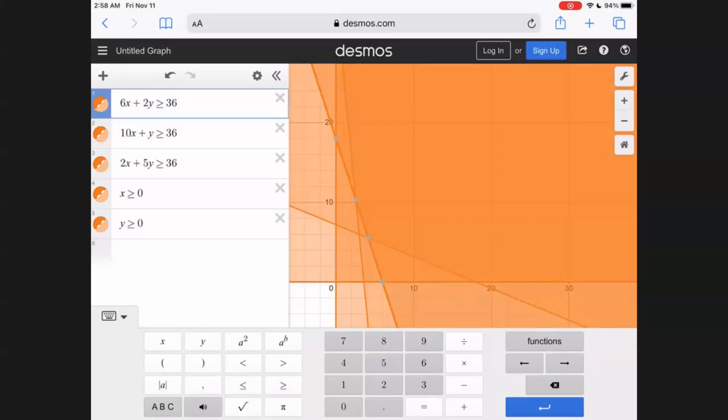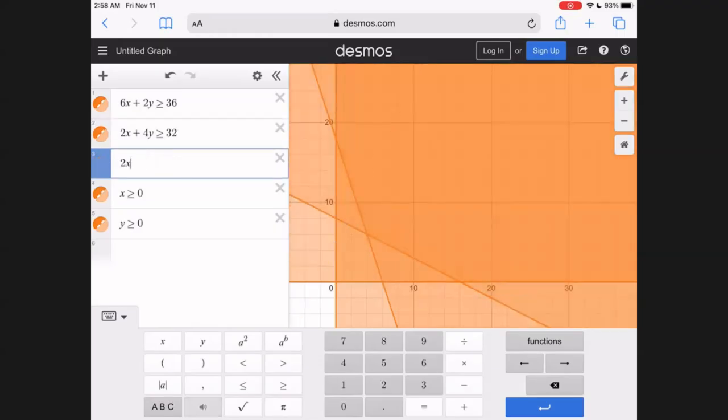And the next one is 2x plus 4y greater than or equal to 32. And then the third one, y is less than or equal to 20.